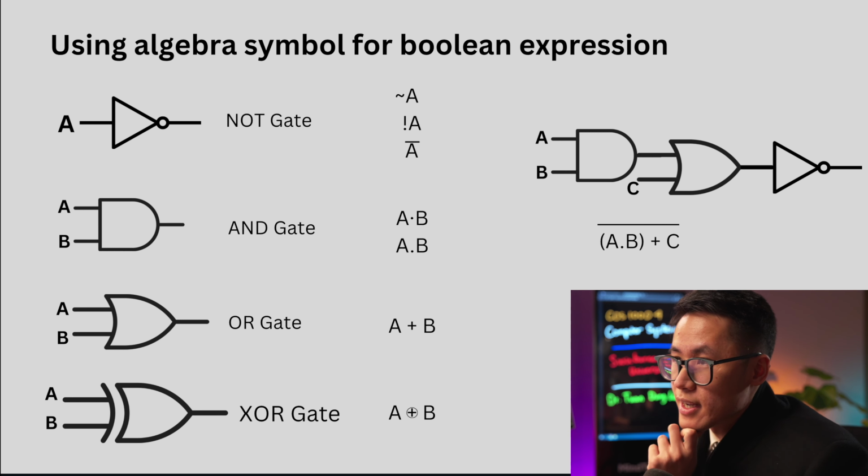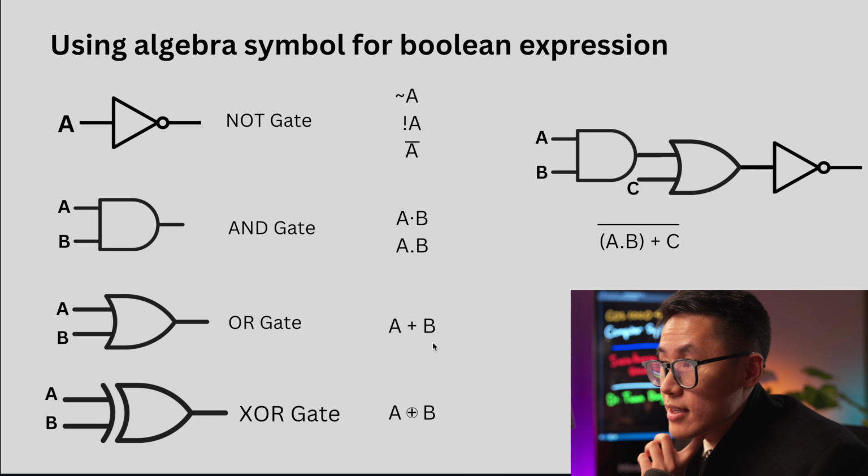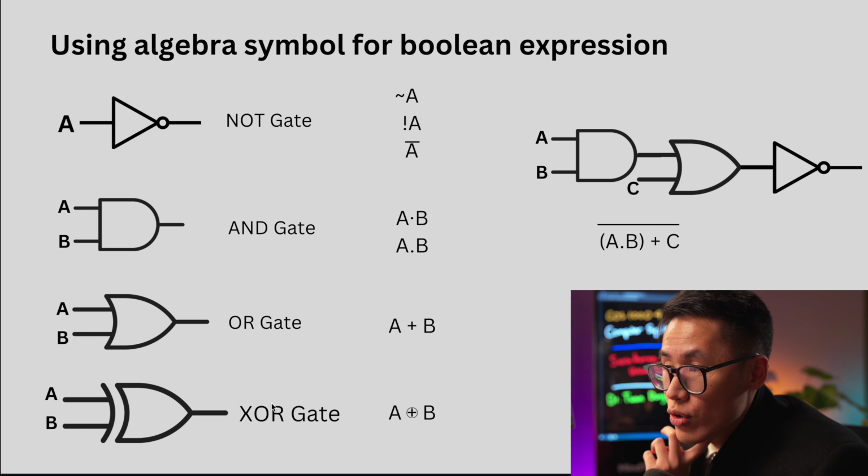And last thing is that if you want to represent an XOR gate, remember that an XOR gate is to check whether two values are different. Then you can write it as a plus and then a circle out of the plus. So this one represents an XOR gate. And then let's say if you want to represent XNOR, XNOR is the opposite value of XOR.